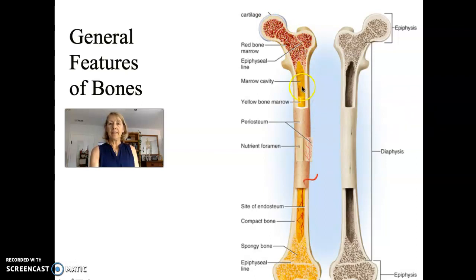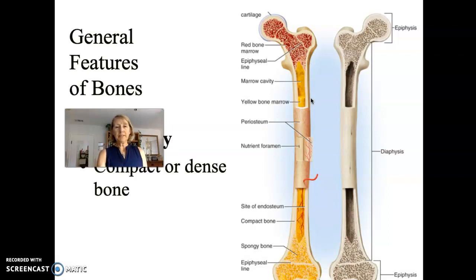And then along the shaft or along the diaphysis is where the marrow cavity is, fatty. And these ends then are spongy bone.